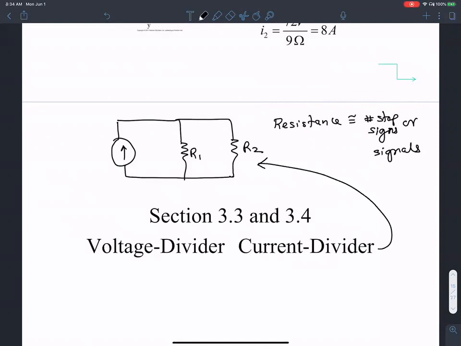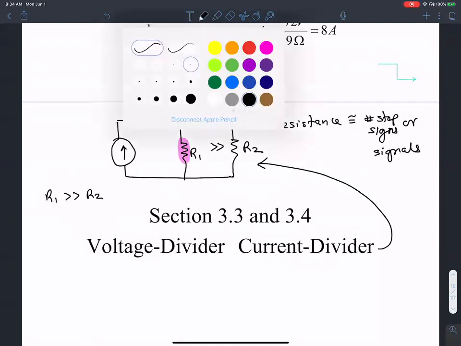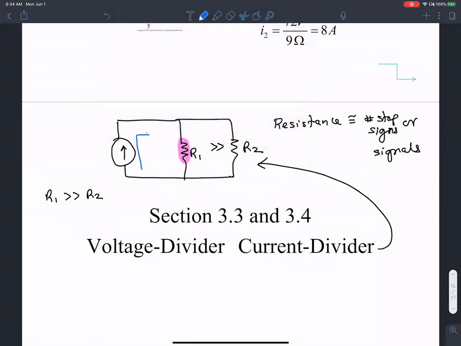Let's say R1 is much greater than R2. Let's say the resistance, the number of stop signs, the number of speed bumps, and the number of signals in R1 is much greater than R2. There is a smooth flow in R2. It's a much better ride. Now you're trying to send traffic through these two roads, I total. Which of these two roads do you think has more cars?